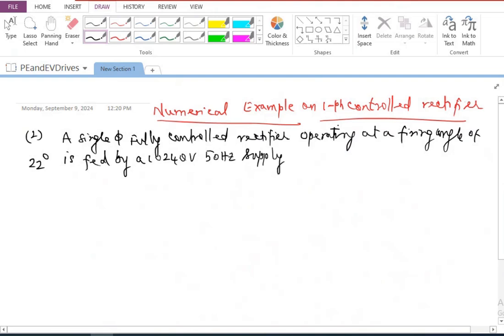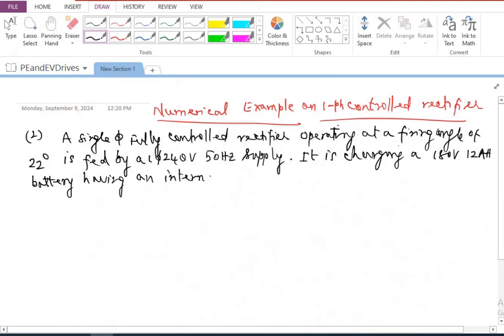Of course, single phase 240 volts 50 hertz supply. It is charging a 180 volts 12 ampere hour battery having an internal resistance of 0.45 ohm.